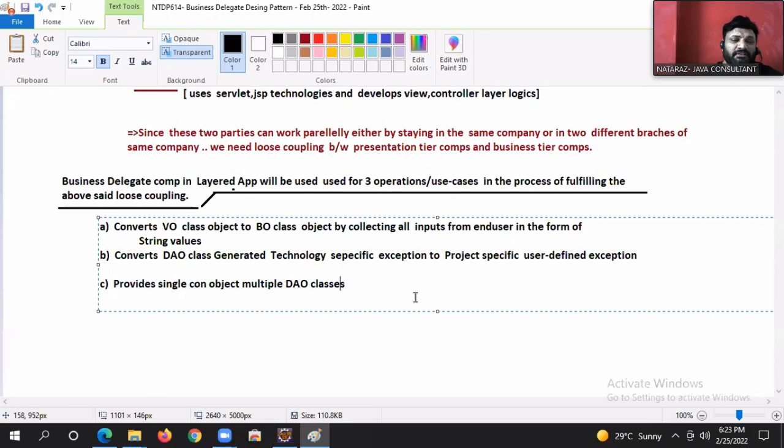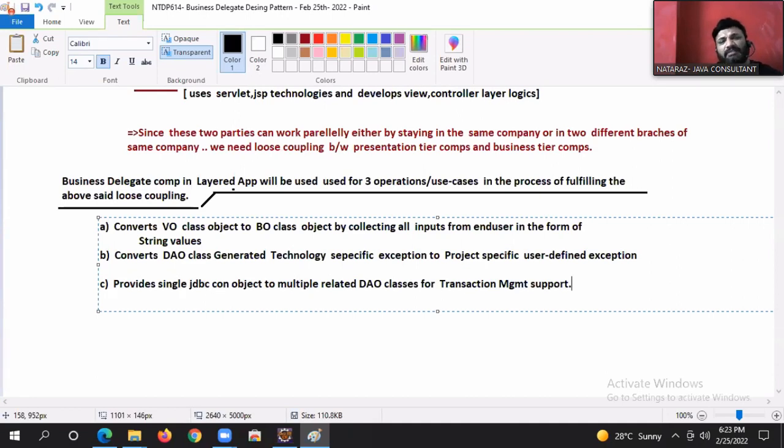Provide single JDBC connection object to multiple related DAO classes for transaction management support. Simply, literally, solidly for what, guys?